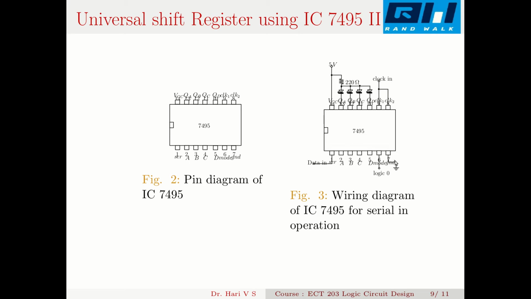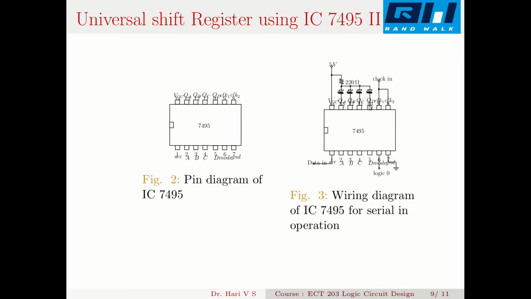Then you connect ground and VCC, and connect LEDs to QA, QB, QC, QD. When these outputs go low, these LEDs will glow. Then you short these two clock inputs and apply the clock here. Apply some data here, and you can observe this data going through QA, QB, QC, QD. You can observe the serial in serial out operation or serial in parallel out operation.